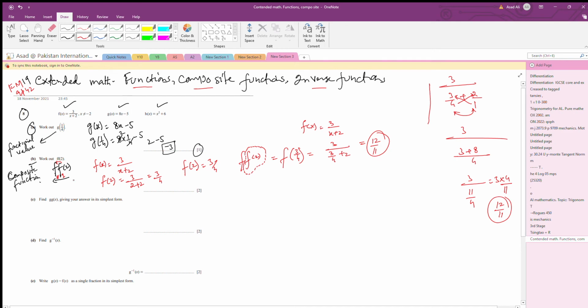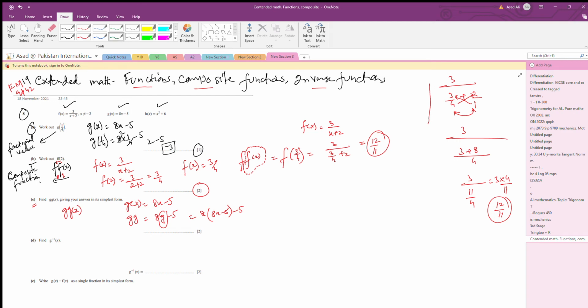Now part C. We get 2 marks for this part. They ask for g of g of x. g of x is 8x minus 5. If I say g of g, it becomes 8g minus 5. Now replace the value of g here: g is 8x minus 5, and minus 5 there.